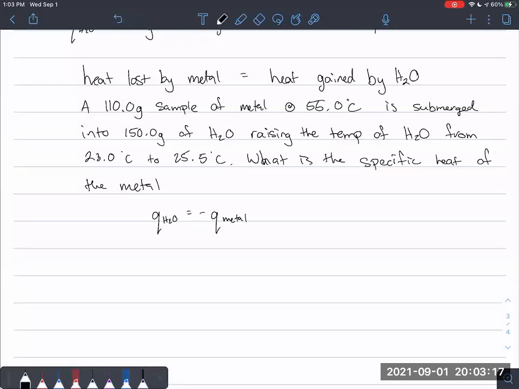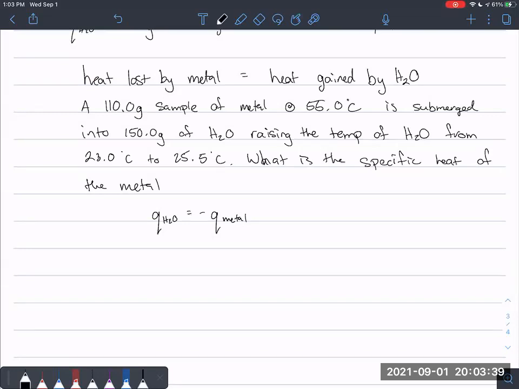All right, how are we doing? Would we need to figure out the temperature change of the metal too? You do. That's the point where I thought people would struggle. So what happens if you drop a piece of metal that's warmer into the water?